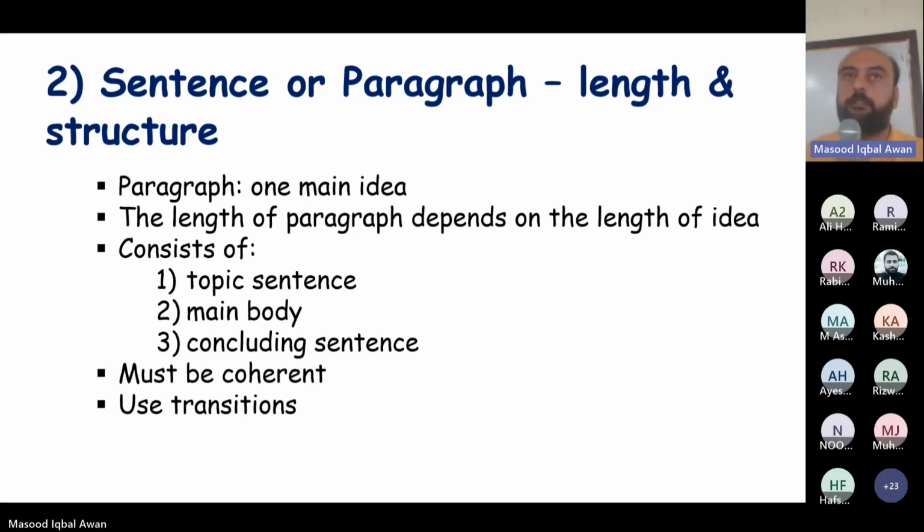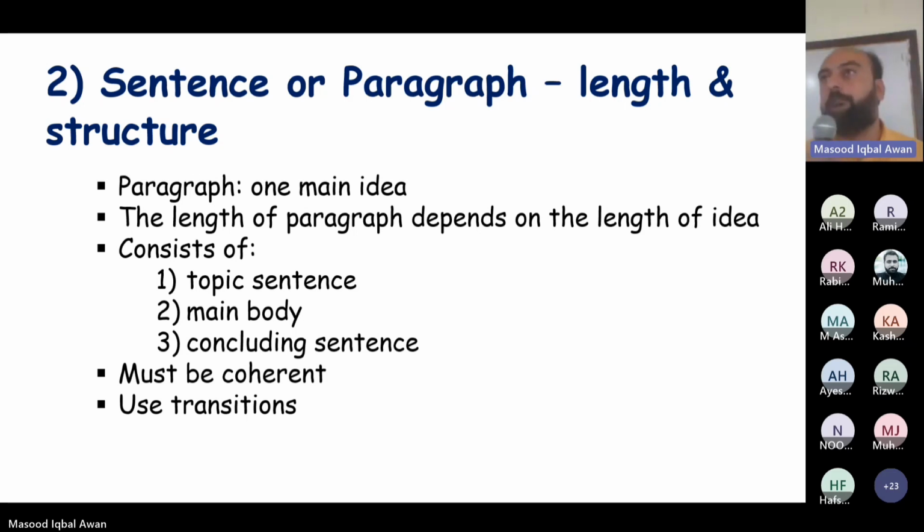And this concluding sentence, especially if you are writing a review of literature, should be a summary of the whole paragraph or section. And if you are writing some other section, ideally it should be a transition sentence. It should link to the next paragraph or section. I will talk about the coherence and transitions in a few minutes.